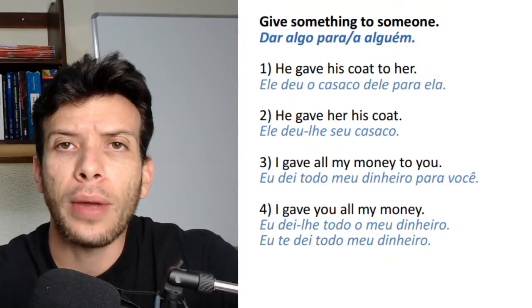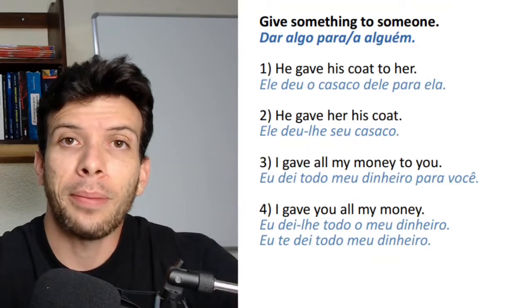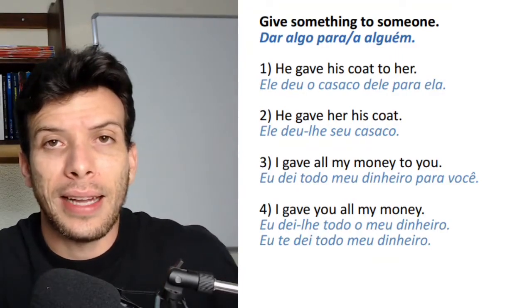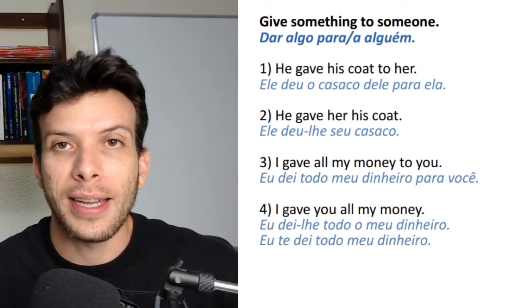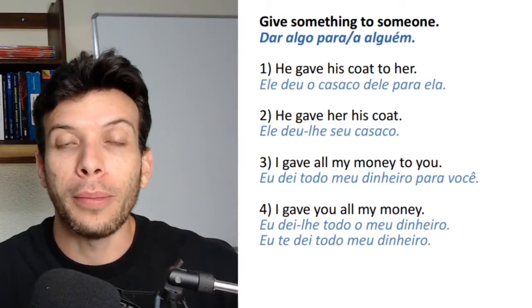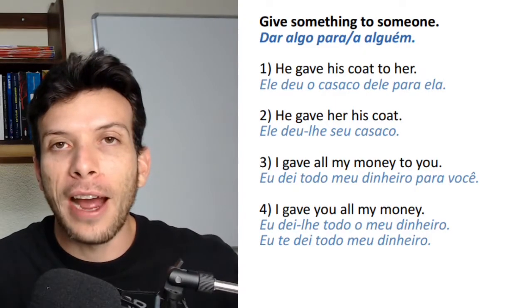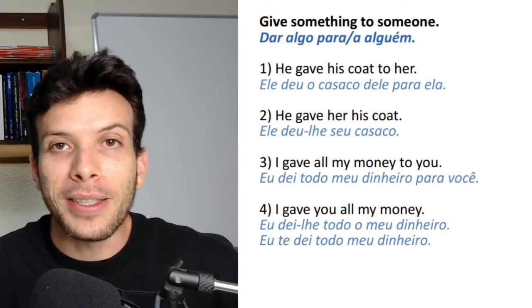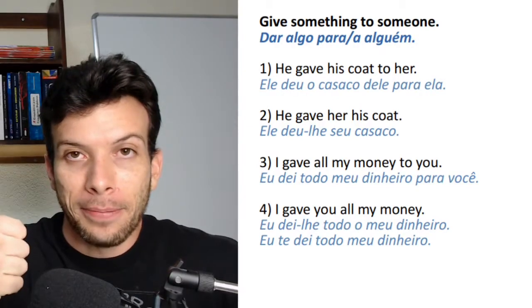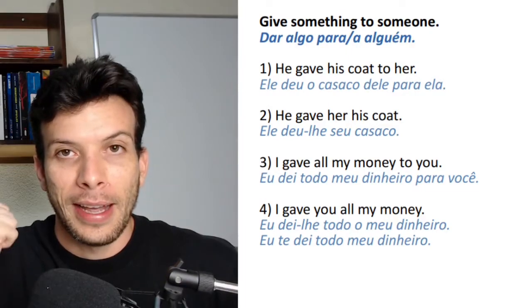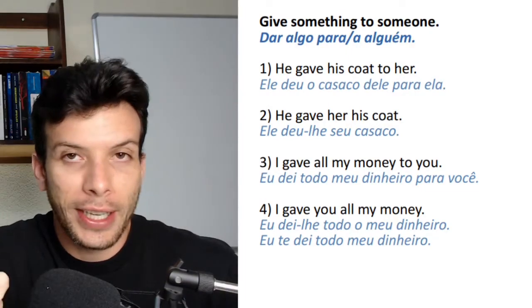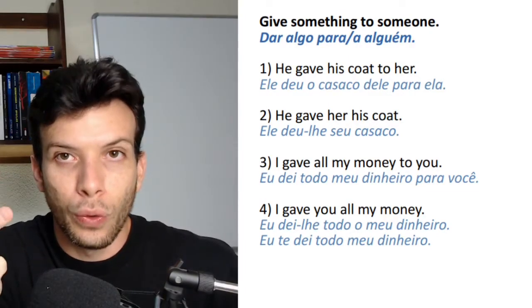Dar algo para alguém. But there's something here that is extremely important. This someone in the sentence, for me to be allowed to use the pronoun lhe, must be ele, ela, você. He, she, it, and you.